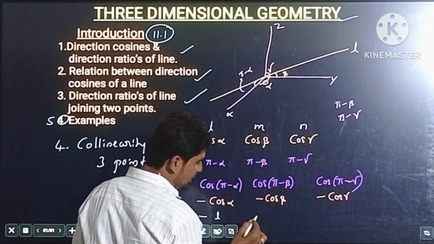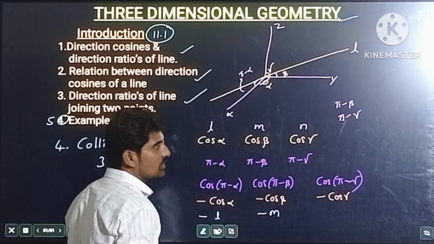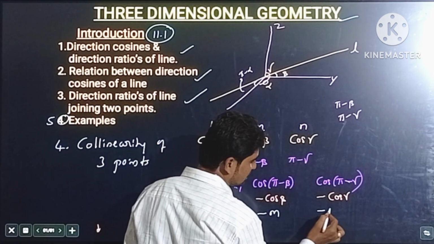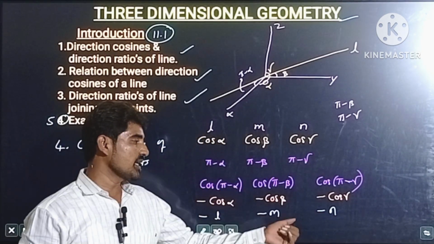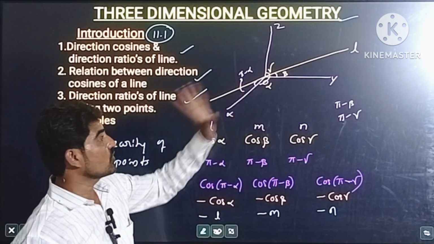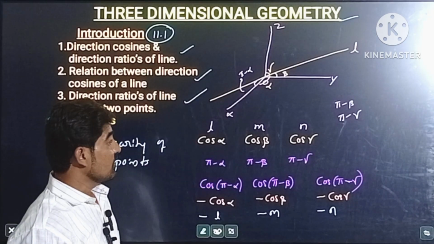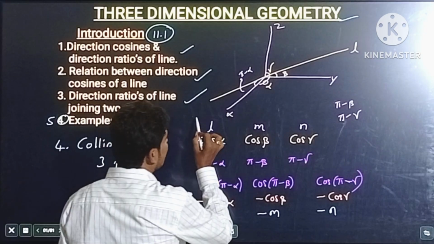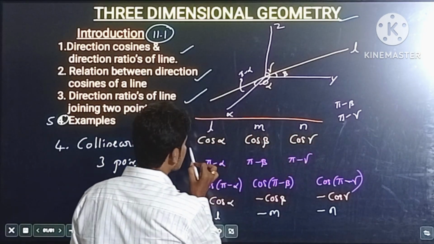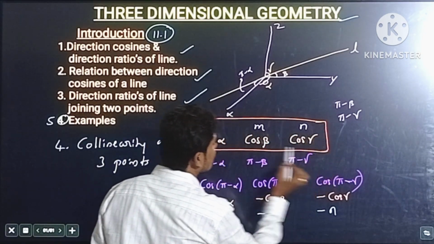Cos beta is m, so minus cos beta is minus m. Cos gamma is n, so minus cos gamma is minus n. So l, m, n and minus l, minus m, minus n are the direction cosines of the line L. But for calculation purposes, we always use the first set of direction cosines.